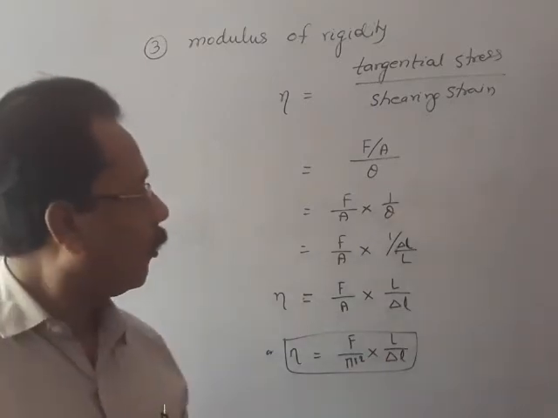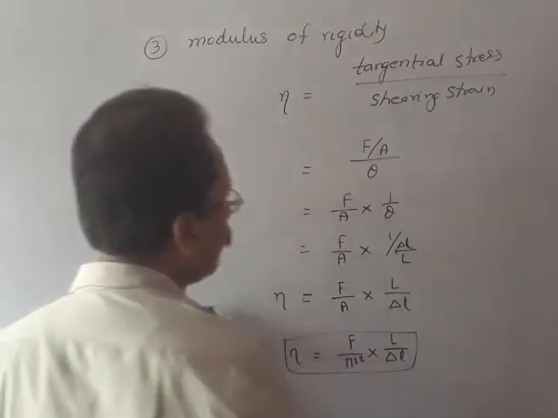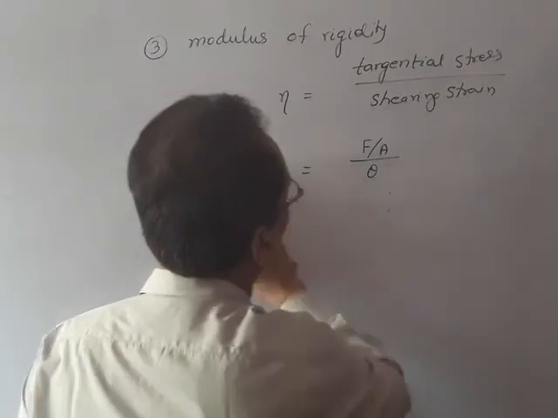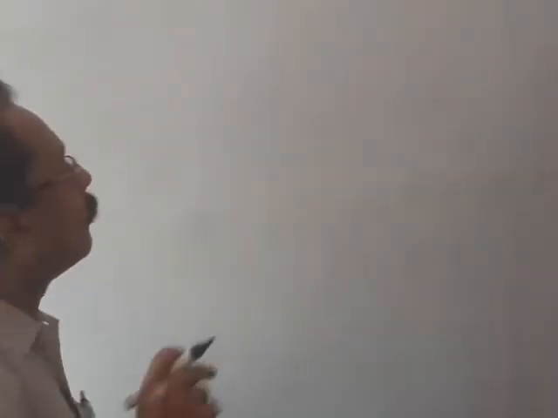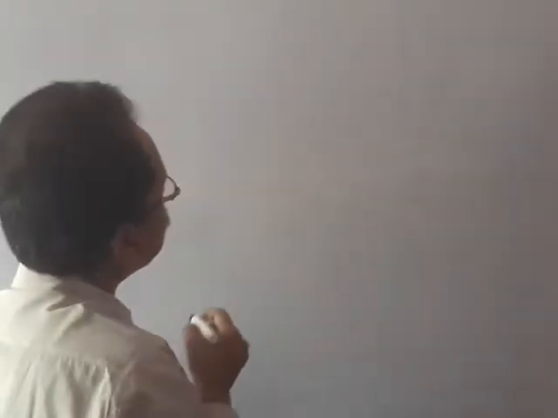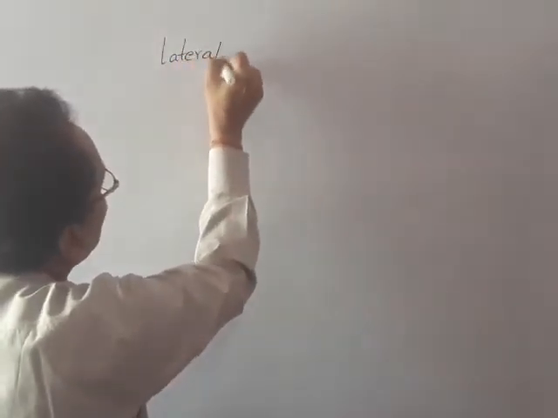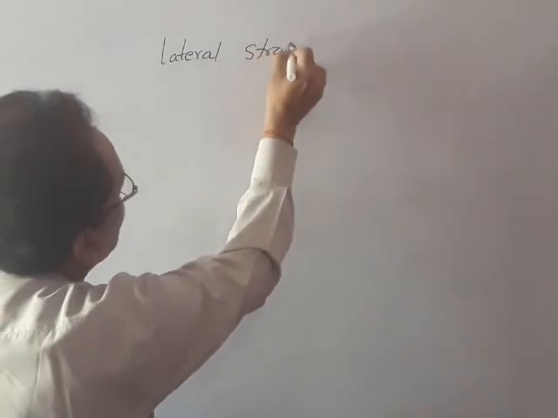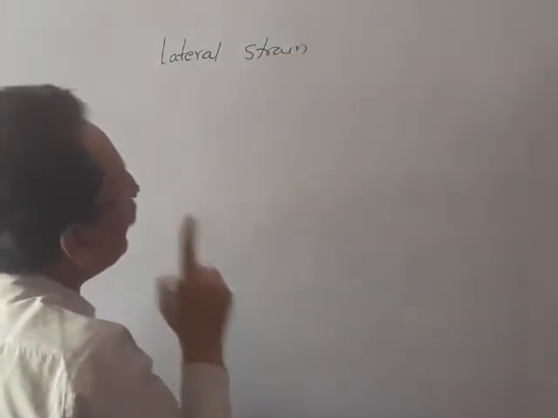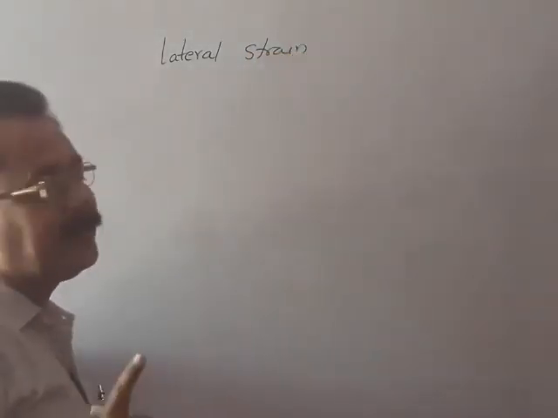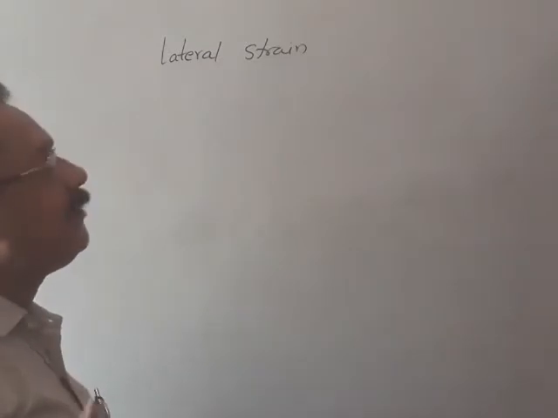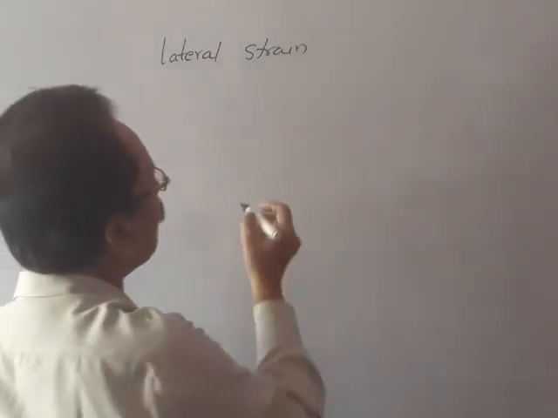And now one point more, that is called Poisson's ratio. Before knowing Poisson's ratio, I am telling you one thing more, and that is lateral strain. What is lateral strain? Lateral strain is the ratio of change in diameter to original diameter.